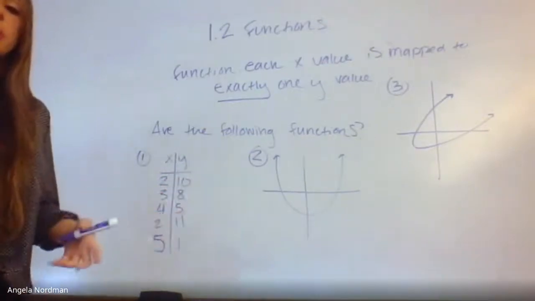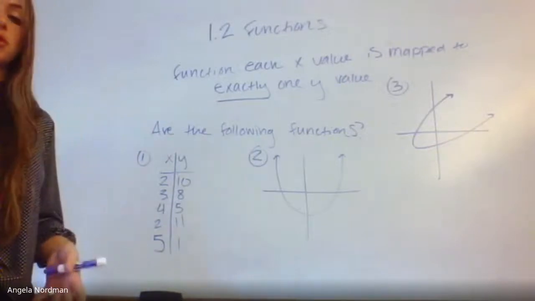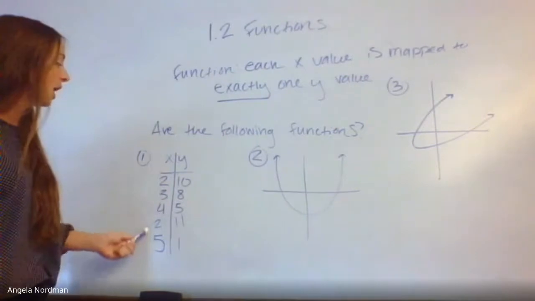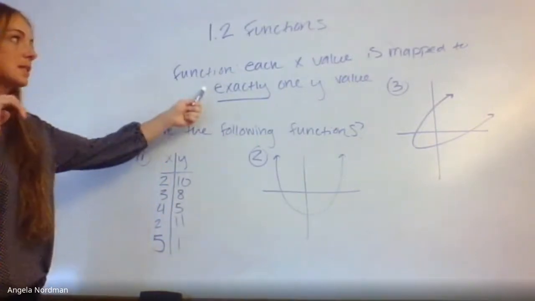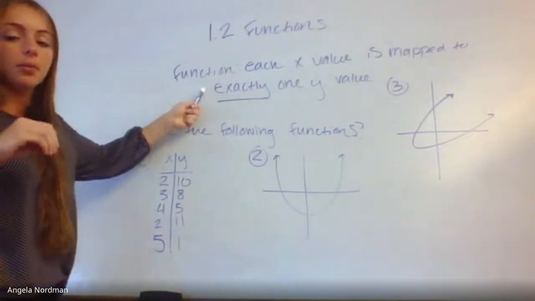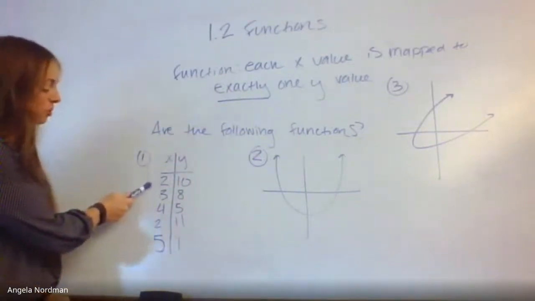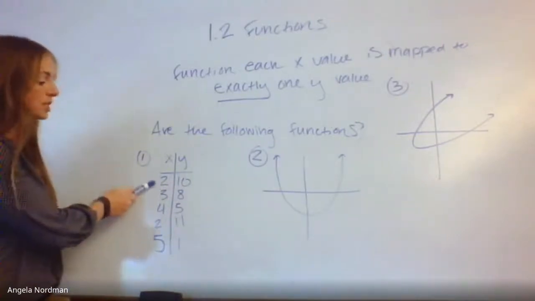If anything ever doubles up and those points are not the same, then I don't have a function. When we're looking at this input-output XY table, we could replace this definition by saying every input must have exactly one output. So when you go through this list, what we want to do is check, are there any x values that are the same?